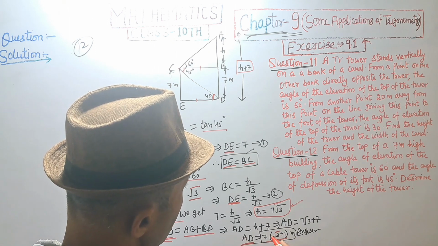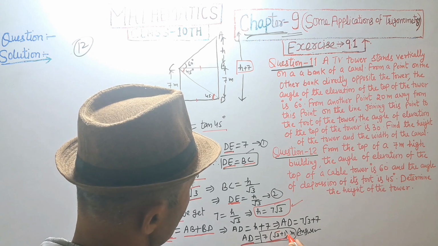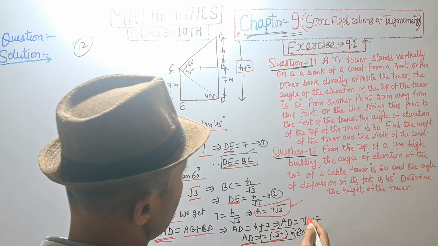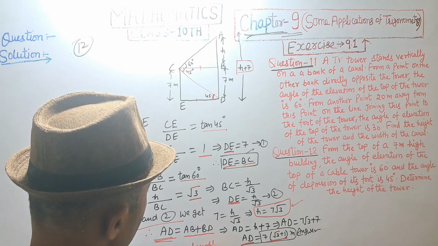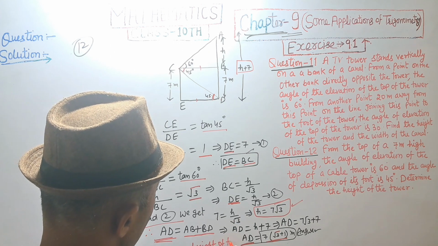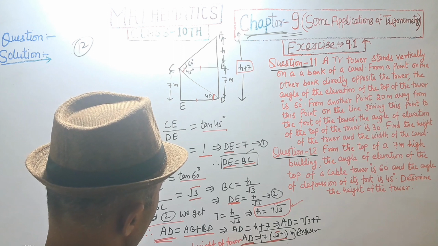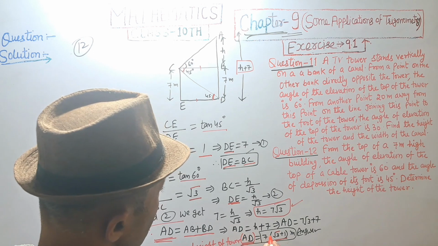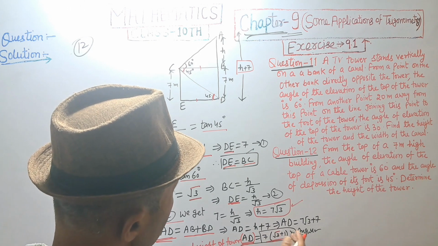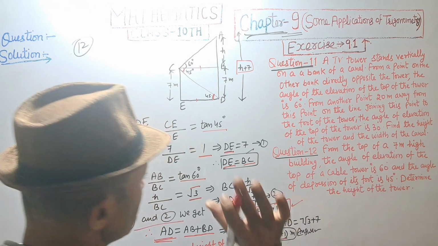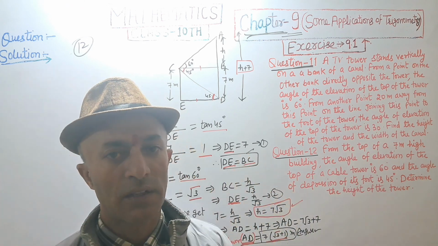AD is equal to 7 times root 3 plus 1 meters, answer, that is the height of the tower. Thank you so much.